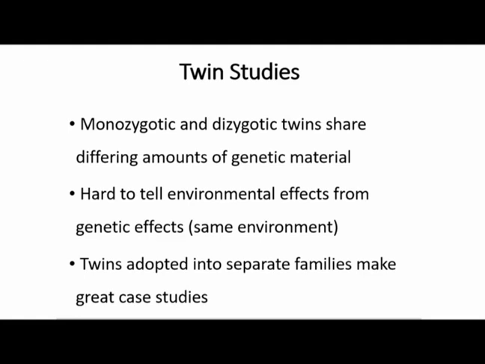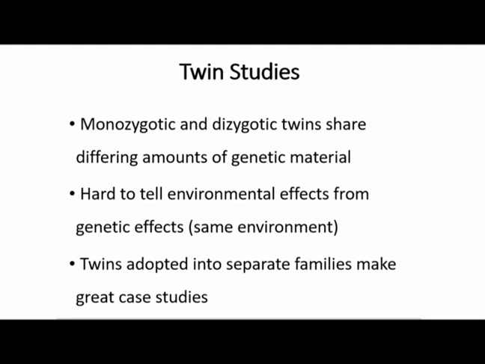So if we're talking about something physical like height, if one twin is very tall and height has a strong genetic component, then the second twin should also be very tall. And we can look at a correlation between those twins on their score for that particular trait.